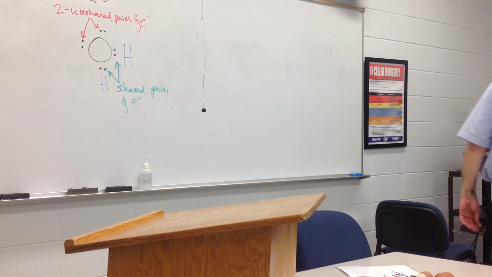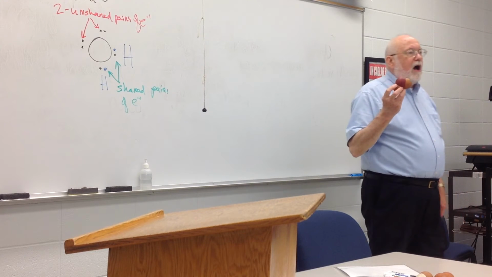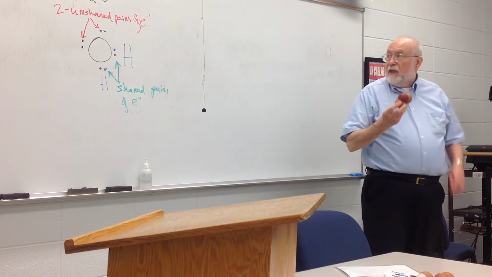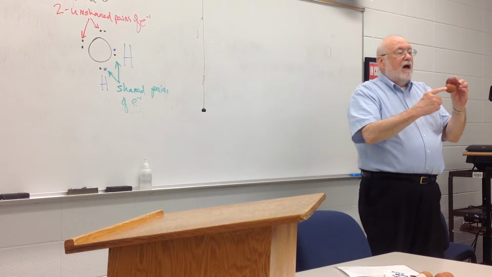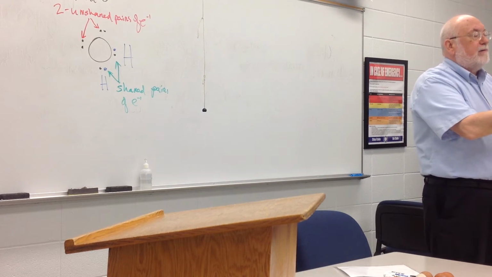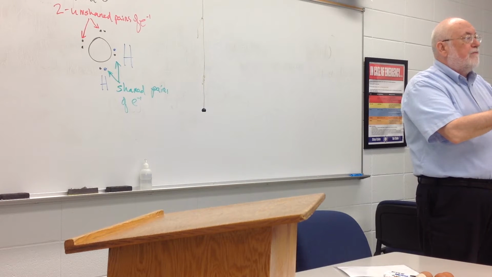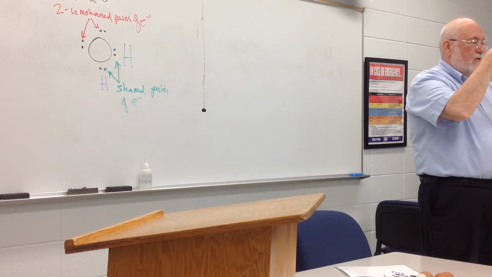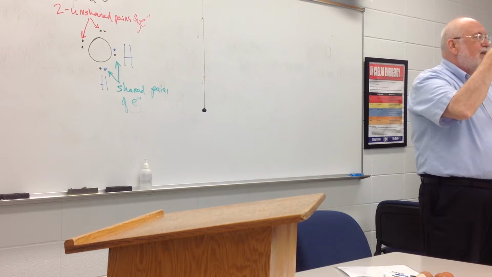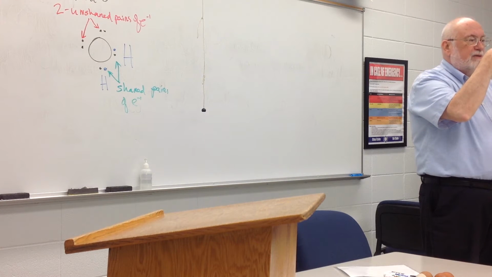You're going to end up with what we could call a bent or nonlinear molecule. Here's the oxygen, here are the 2 hydrogens. All right, between the hydrogen and the oxygen, there'd be a shared pair of valence electrons here and here. What's out here? 2 unshared pairs of electrons.